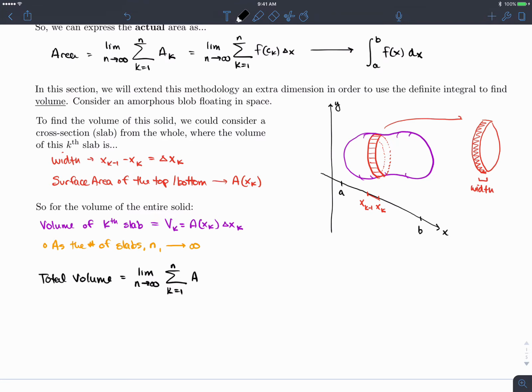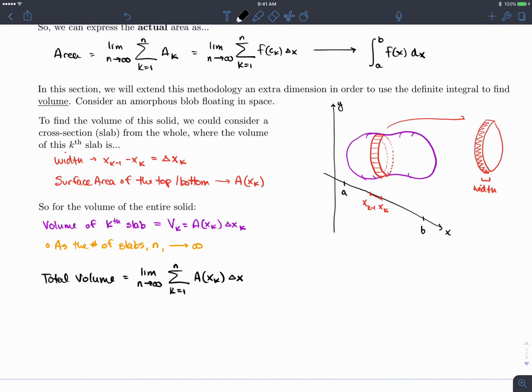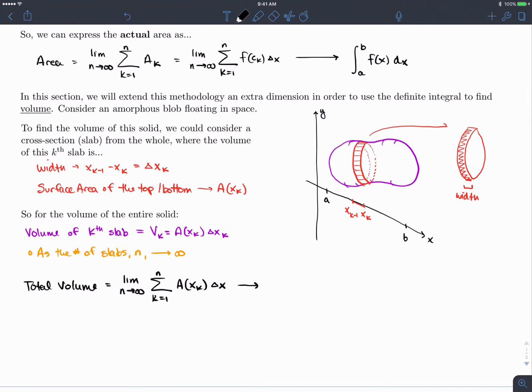And those volumes are A of x sub k times delta x. We can figure out now that this looks a lot like how we transitioned from Riemann sums of rectangles to the definite integral. What this will end up giving us is the definite integral from a to b of A of x dx. And this will be how we calculate volume.